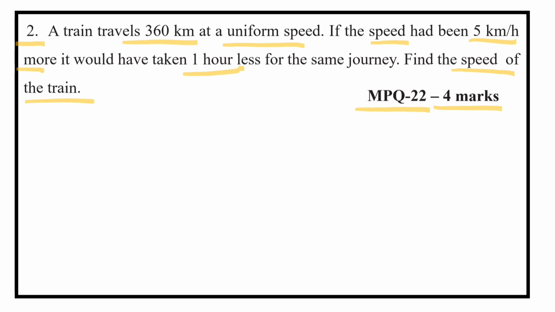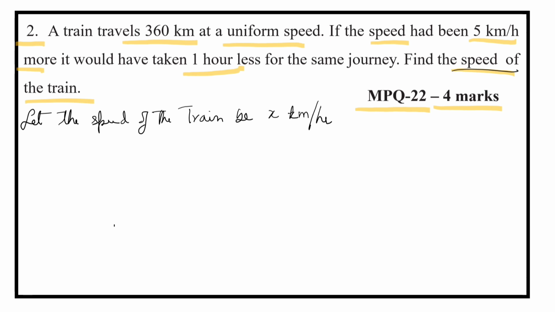So now let us solve. They have asked us to find the speed of the train. So let the speed of the train be x kilometer per hour. Distance traveled is 360 kilometer. We know the relationship between time, distance and speed.